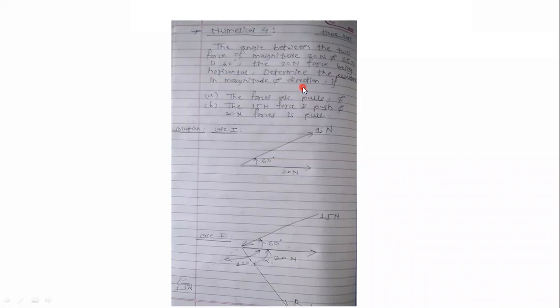You have to determine the resultant, first if both forces are pull, and in the second condition, the 15 Newton force is push and the 20 Newton force is pull. For case 1, the 15 Newton force is pulling and the 20 Newton force is also pulling.